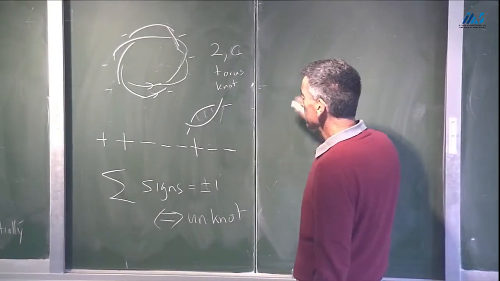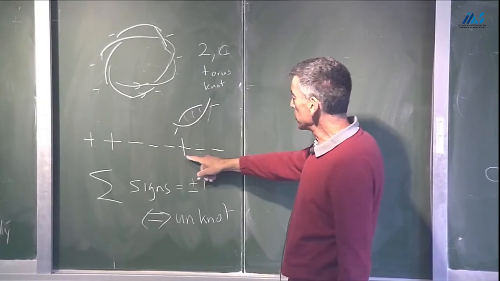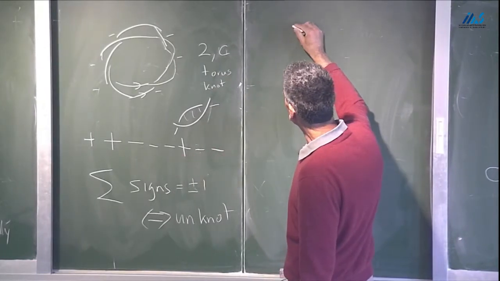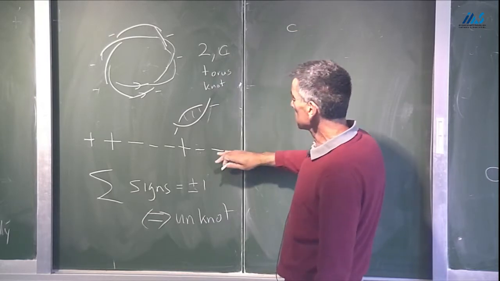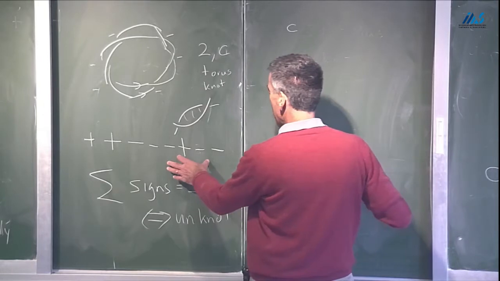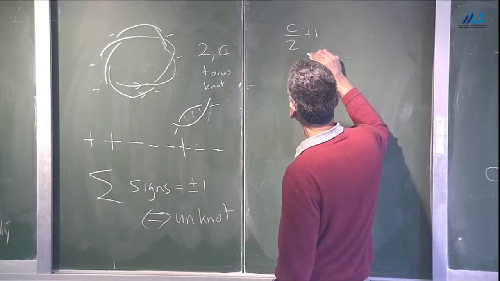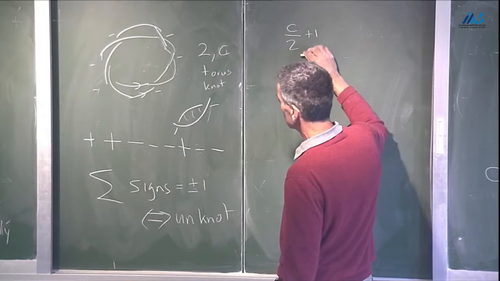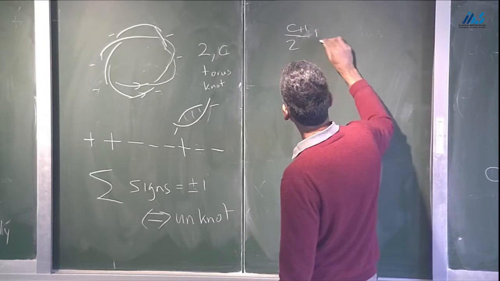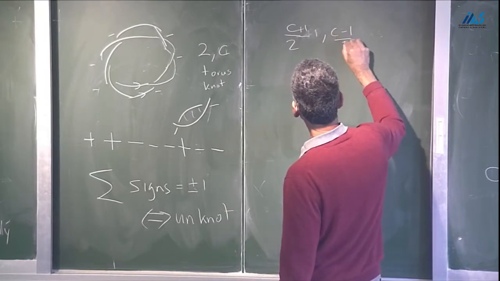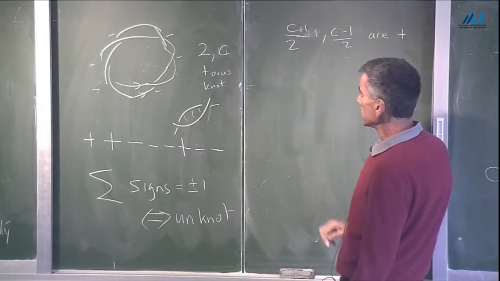For those of us who aren't as fast as that, out of these c, you'd have to choose... how many are unknots? Well, if roughly half of them, c plus 1 over 2, or c minus 1 over 2, are plus, then that would imply it's an unknot.